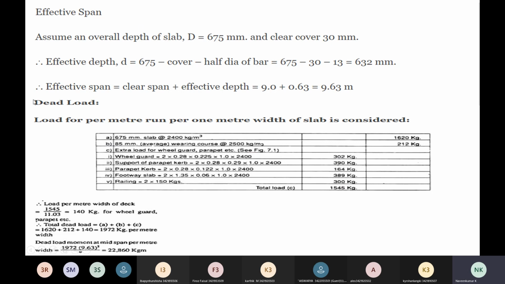The dead load per meter run, per 1 meter width of the slab, is considered. First you calculate the dead load per meter. After that, if you multiply by the overall width, you will get the total load. That is the method they follow.